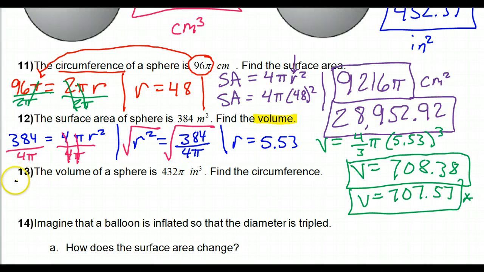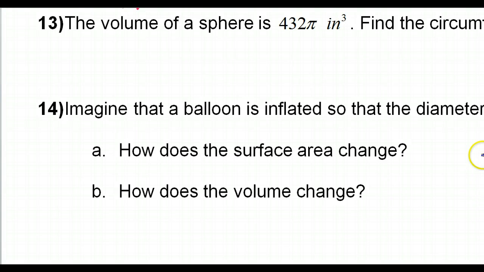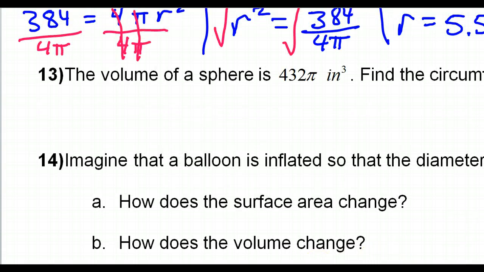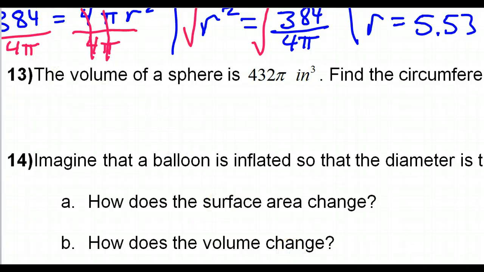So this is going to become 432 pi, don't forget the pi, equals 4/3 pi times the radius cubed. Now eventually we're going to find the circumference, but for right now we're just going to find the radius, and then we'll use that to get the circumference later.